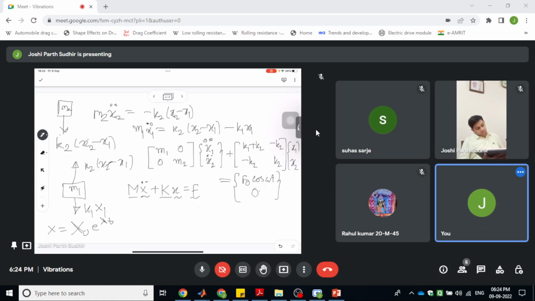So we get the equation in this form. For this to have a non-trivial solution, the determinant of this matrix, M lambda square plus K, has to be 0.